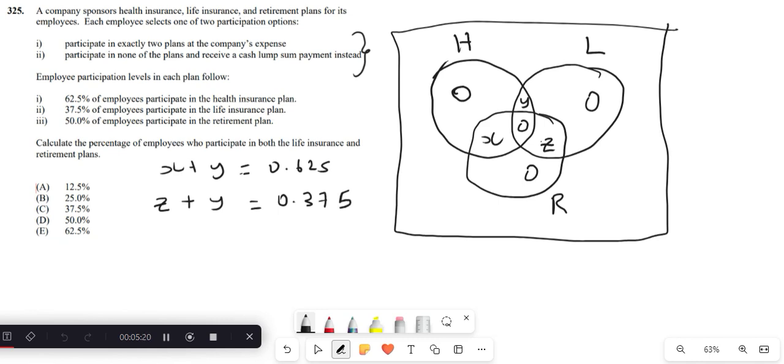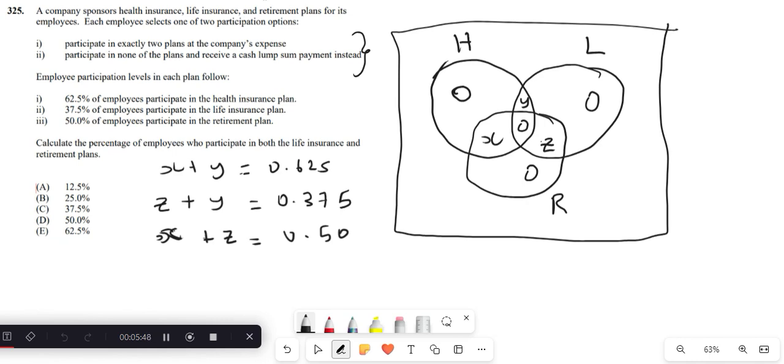And for the retirement plan, they say 50% participate in that one. So it's going to be X plus Z. Pardon the bad handwriting, but my pen is not working very well at all.